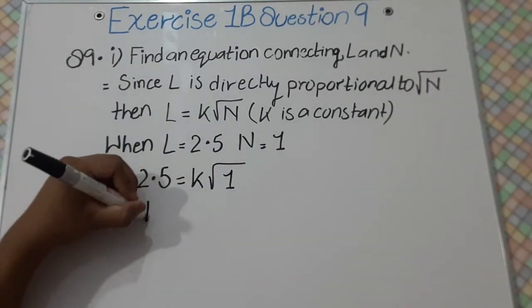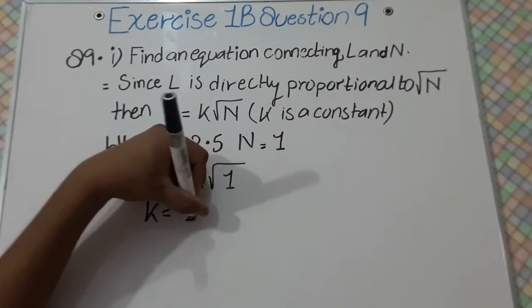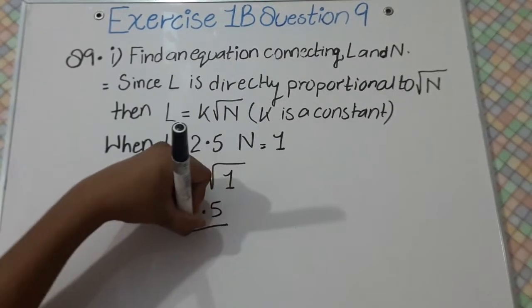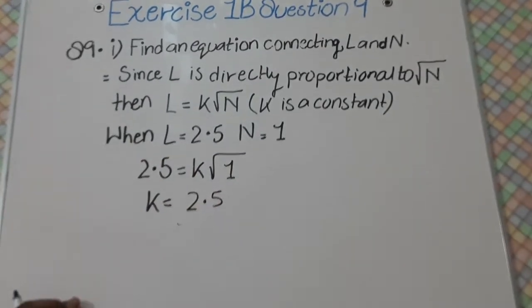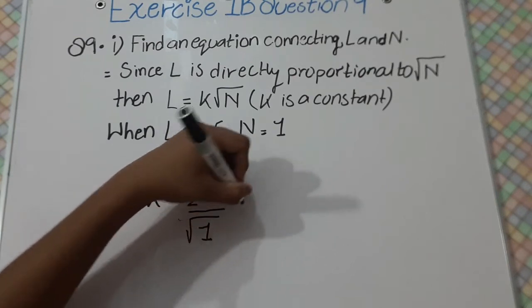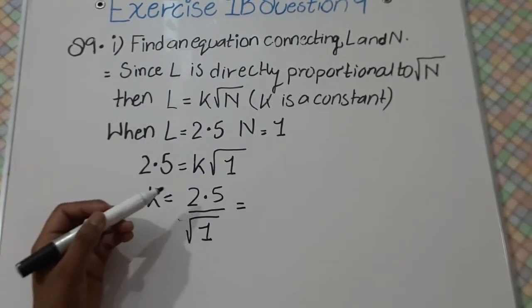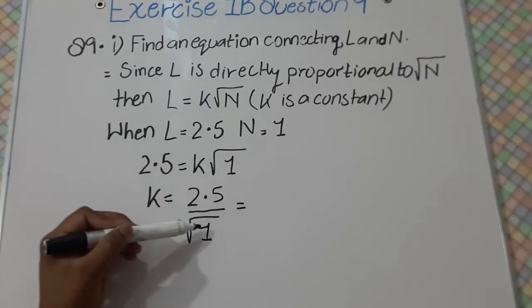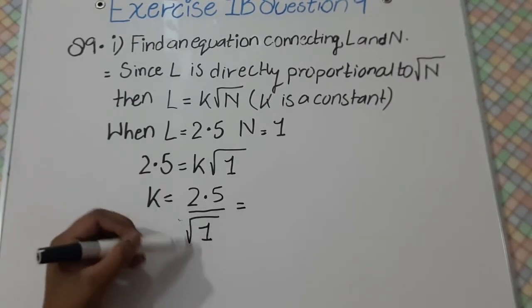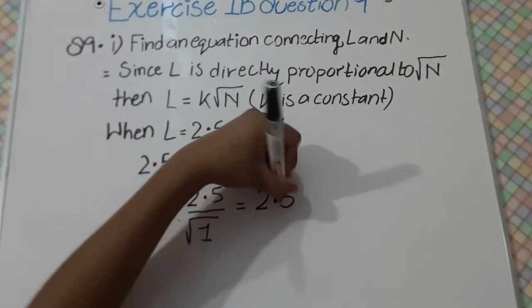Now k would be the subject, and then 2.5 would be divided by under root 1. We can simply use a calculator, or we can do it without a calculator because it's only 1. The under root of 1 would be 1. So the answer would be 2.5.